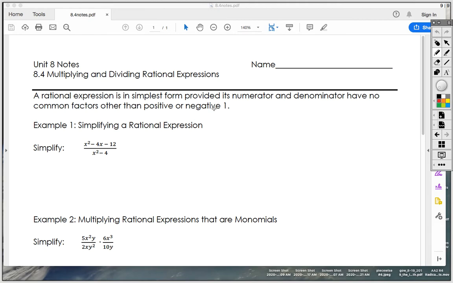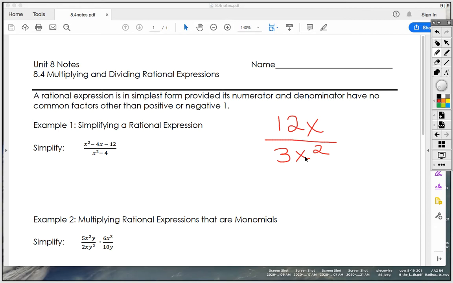Oh, wait, that sounds a lot like fraction words. So, what we're saying is, hey, we've got some fractions, and if I were to give you, say, 12x over 3x squared, the question would become, how am I going to simplify this?